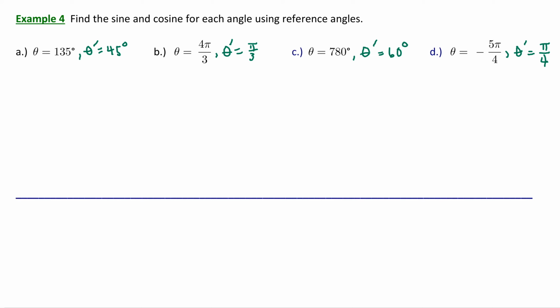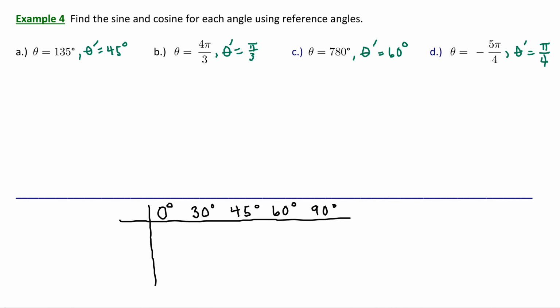So let's consider all of our common angles: 0 degrees, 30 degrees, 45 degrees, 60 degrees, and 90 degrees. Reference angles for common angles will be those quadrant 1 angles. 0 and 90 are not included, but we might as well practice them here.